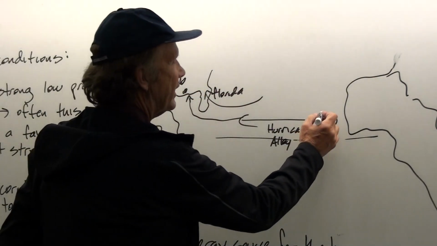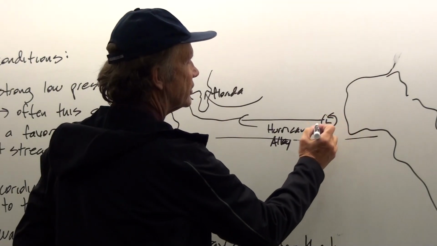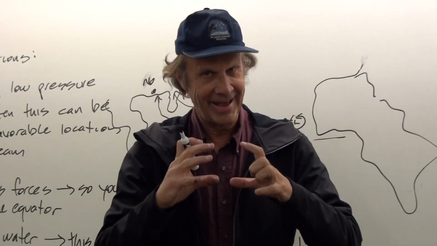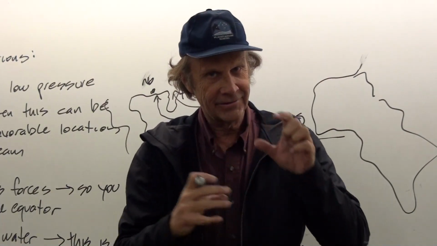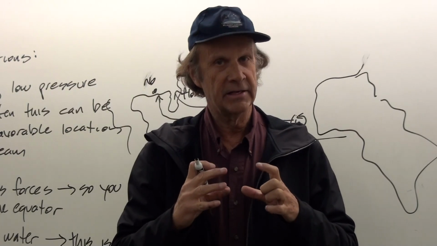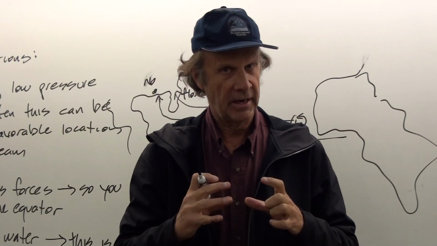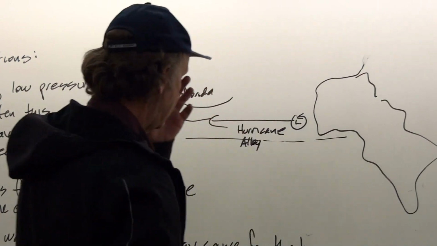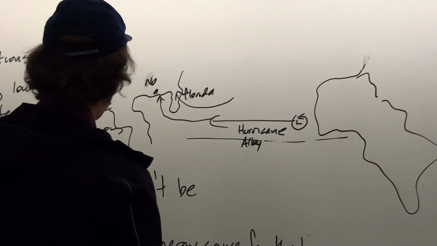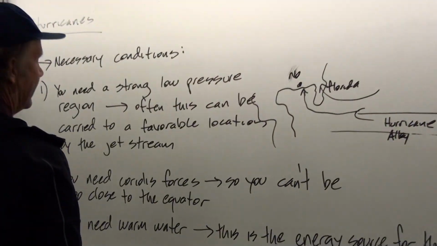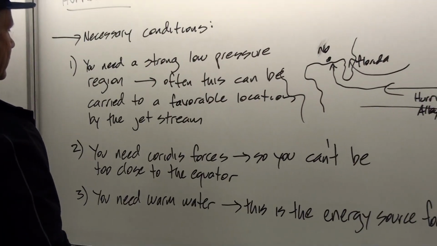But you definitely need a low pressure center, because you often hear about the eye of the hurricane. Okay, that eye and the associated eye wall is associated with a very intense low pressure region. And that low pressure region can strengthen as the hurricane gets more powerful.